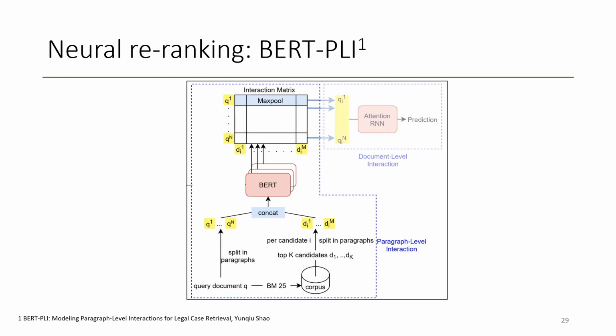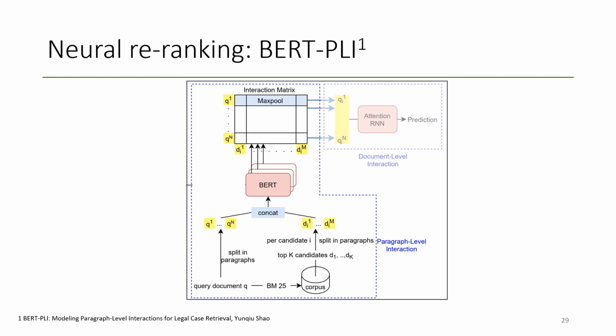So here you can see the re-ranking approach of BERT-PLI. In the lower left corner, you can see the query document Q, which is split up into its paragraphs, and then it's also used to retrieve the first stage candidates, the top K candidates, and then each candidate is also split up into its paragraphs.